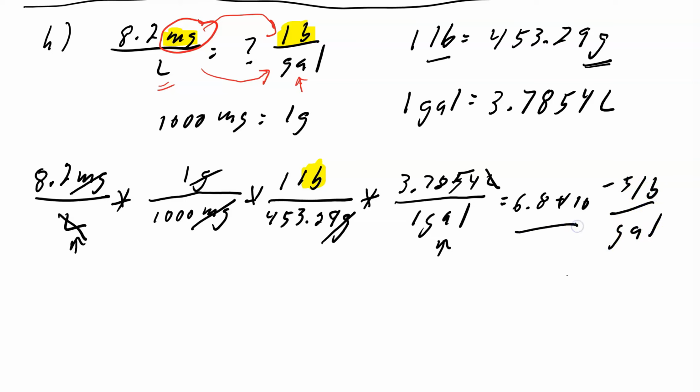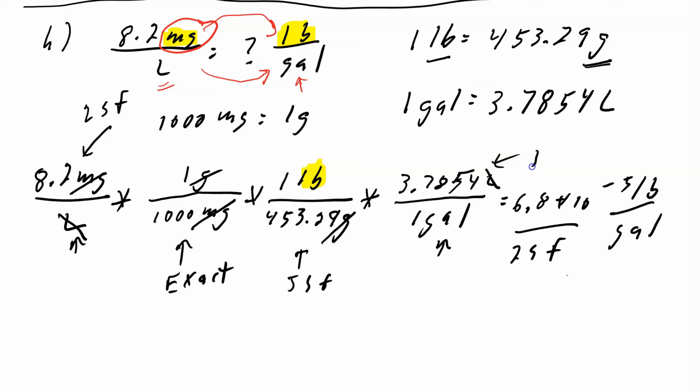So there's our answer. We have two significant figures, and that's because of our measurement given at two significant figures. This is an exact number, as you should know by now. This is 5 significant figures, and this also is 5 significant figures. So two significant figures, 6.8 times 10 to the minus 5th pounds per gallon.